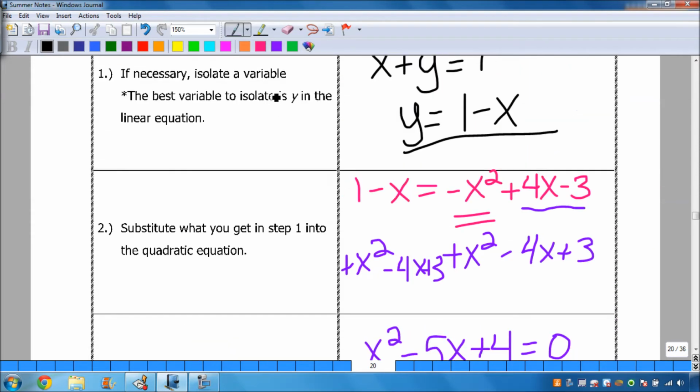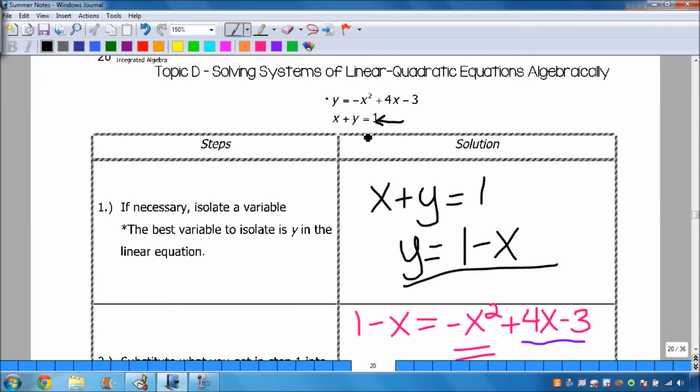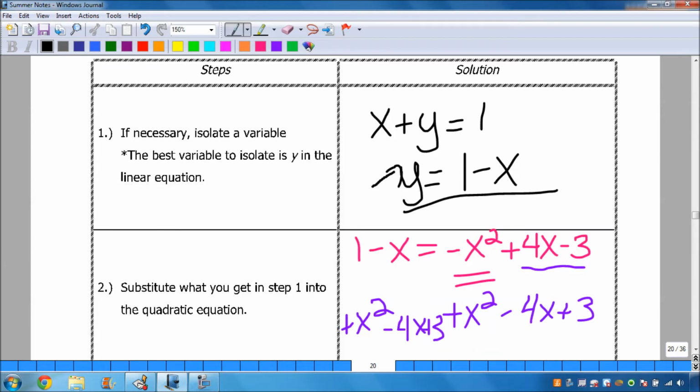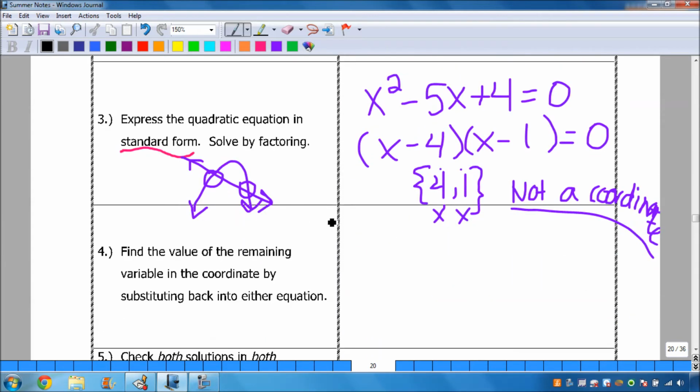So I'm going to substitute it back into either equation. You can either use the linear equation up here or the quadratic equation. I'm going to use the linear equation because it's so much easier. I'm also going to use the linear equation where the y is isolated because I'm trying to figure out what y even is. So if the equation is y equals 1 minus x, all I have to do is plug in the 4, right?